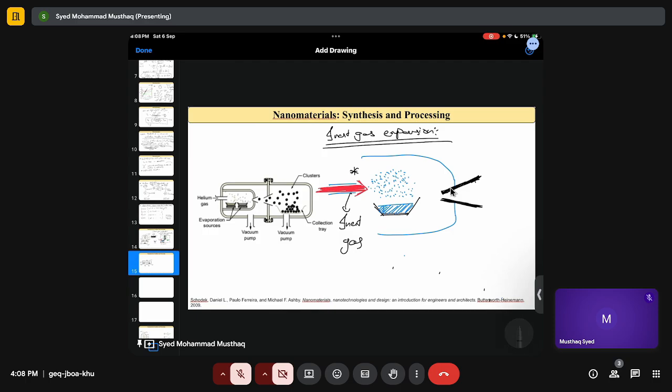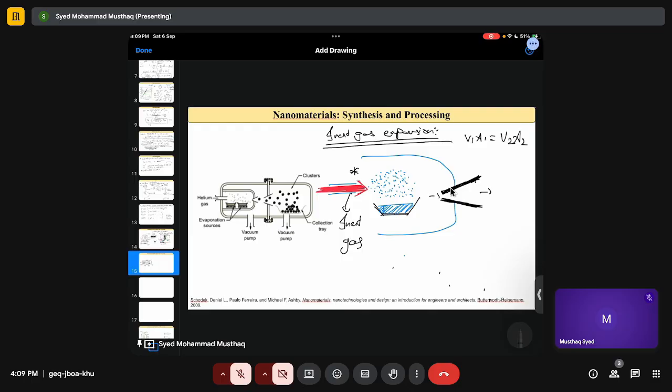Again, from the conservation of mass or flow rate, or the Archimedes principle, you can take anything. That tells me that V1 A1 will be equal to V2 A2. Whatever is entering here must exit here.